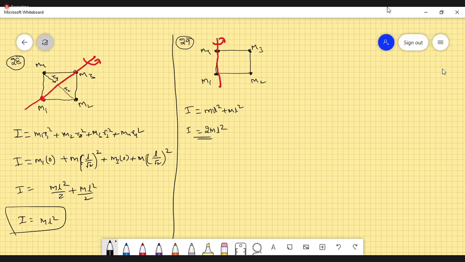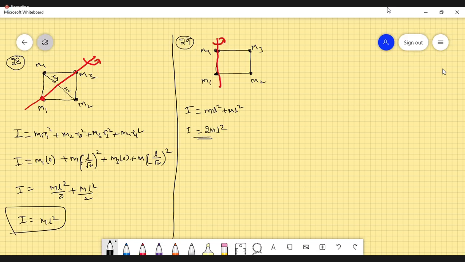Because R1 is 0 and R4 is 0, R2 is L and R3 is L. So the mass m gives mL square plus mL square, which will be 2mL square.